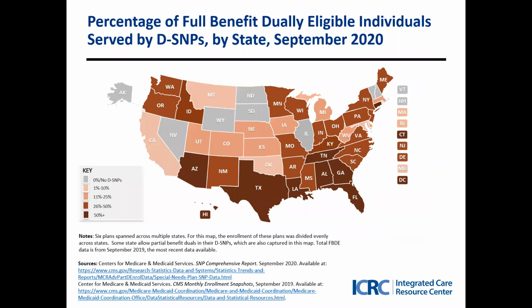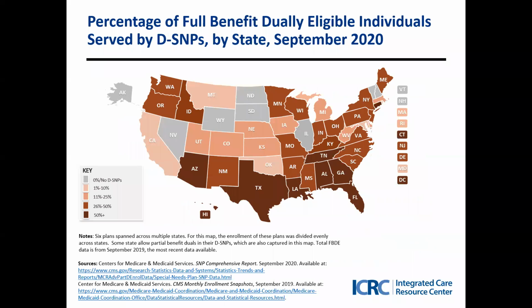So with the next few slides, I'll review some trends in D-SNP use nationally. Here you can see the percentage of full benefit dually eligible individuals served by D-SNPs in each state as of September 2020.